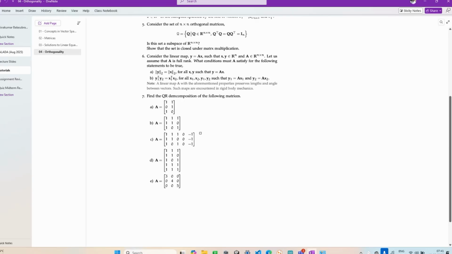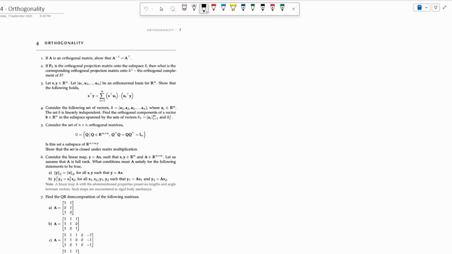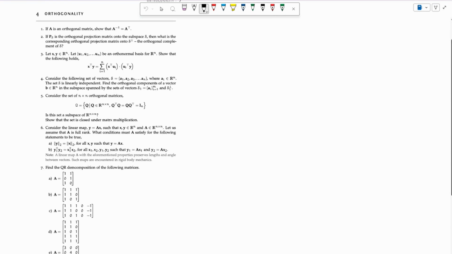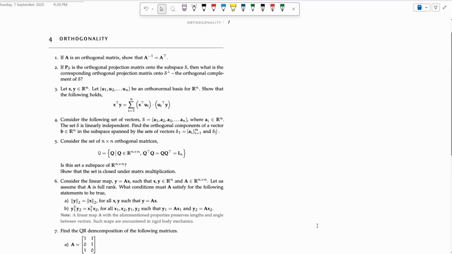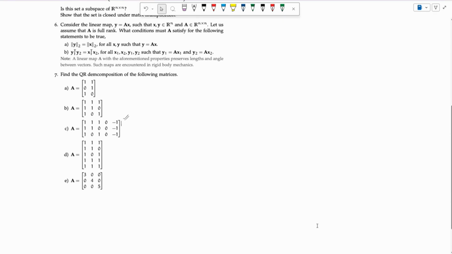Yeah. Let's do the QR decomposition of this. This is our matrix. What is the first step we do?